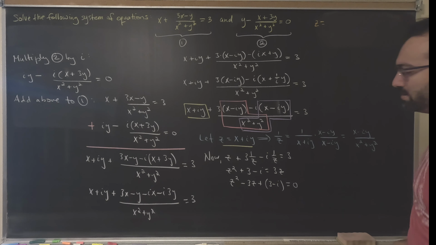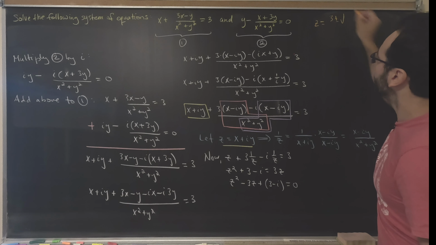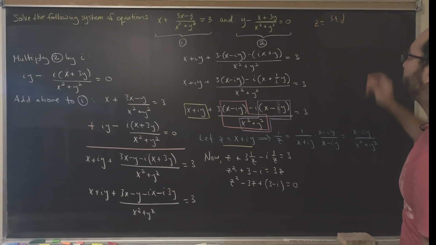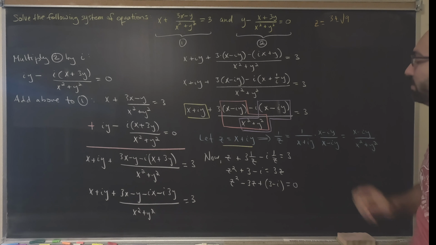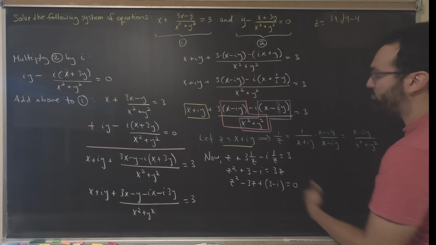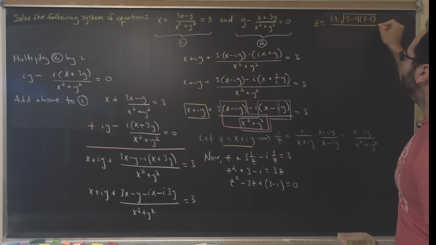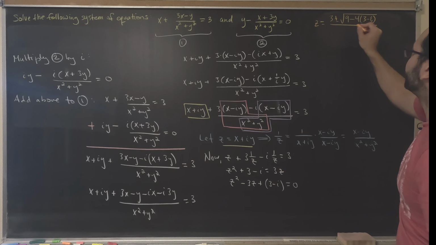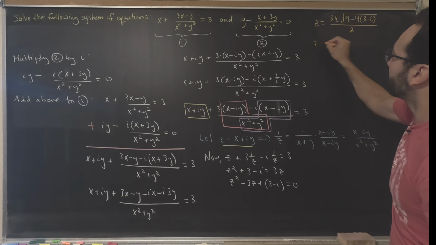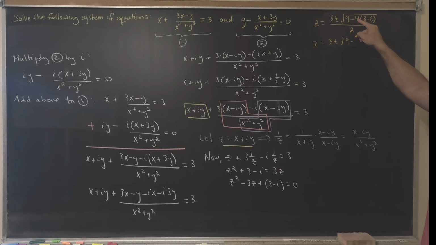So z equals negative b, so negative 3, plus or minus the square root of b squared, so negative 3 squared, 9, minus 4 times ac, 1 times 3 minus i, all divided by 2a, so 2 times 1. But up here in the radical, we could distribute the minus 4, so we get minus 12.